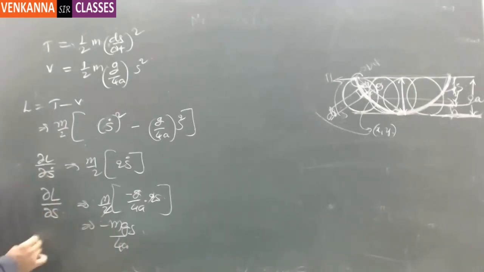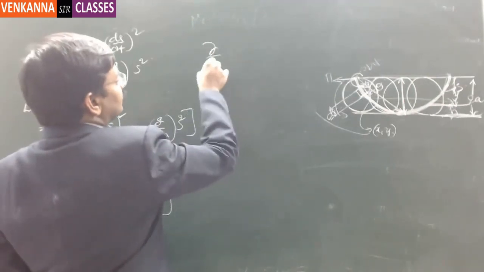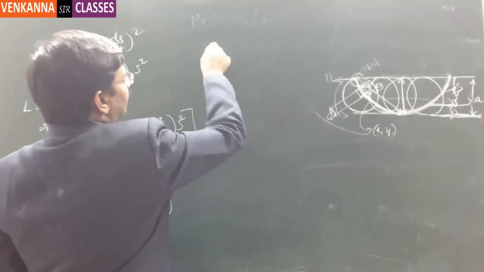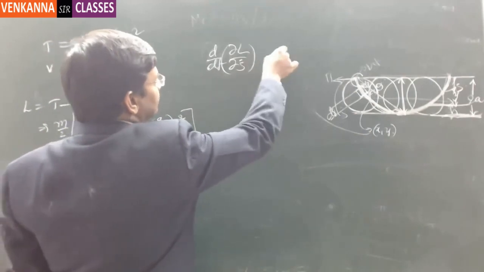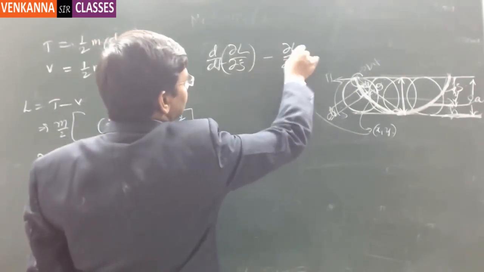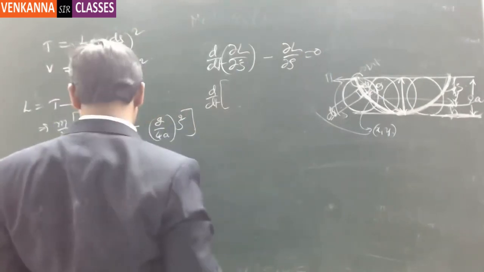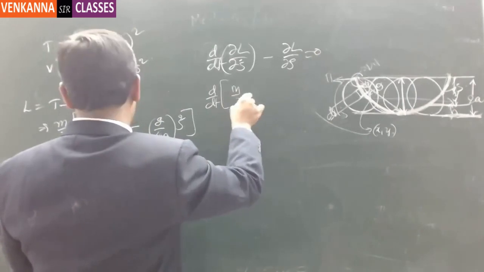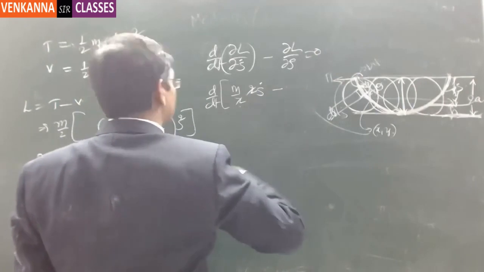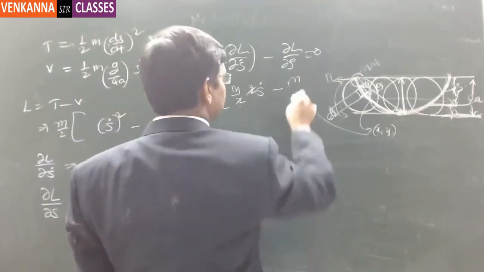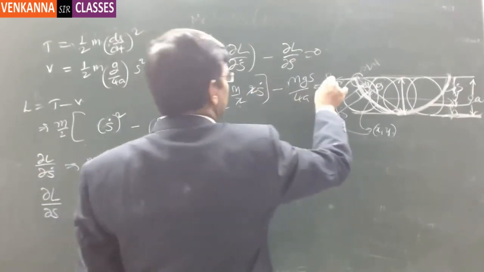If you substitute the Lagrangian into the Hamiltonian principle of least action, d by dt of dou L by dou s dot minus dou L by dou s is equal to 0. Now d by dt of m by 2 times 2s dot, these two will cancel, and then minus mgs by 4a is equal to 0.